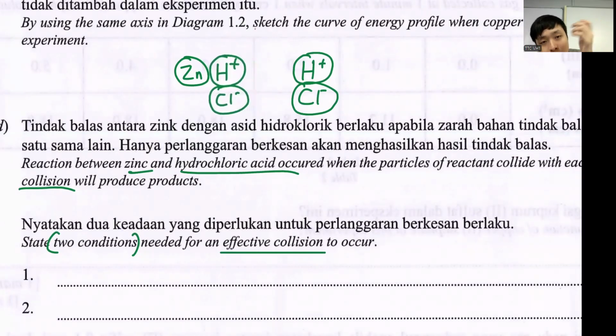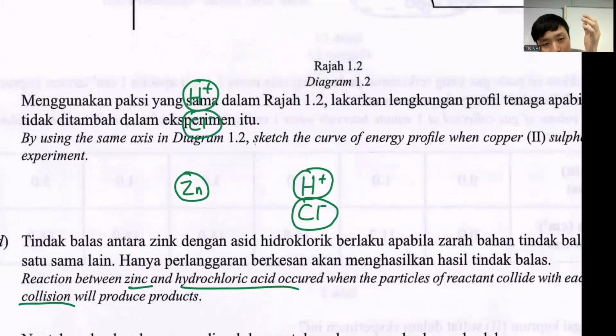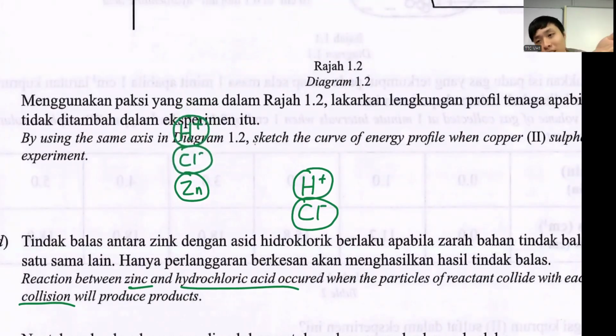If you hit like this, it becomes H2. But if I use another direction to hit, like this, the H plus cannot reach the Zn. So in this case, it's not an effective collision.